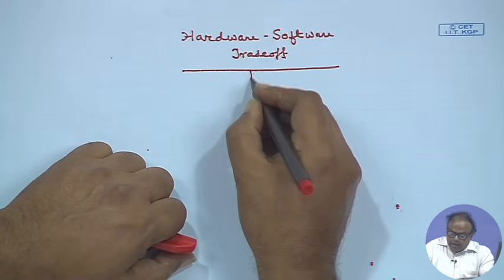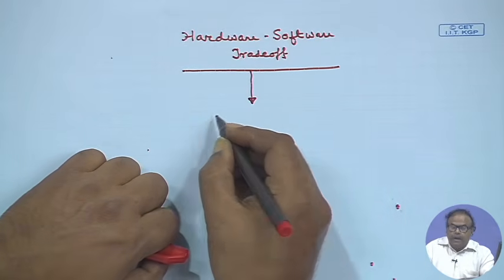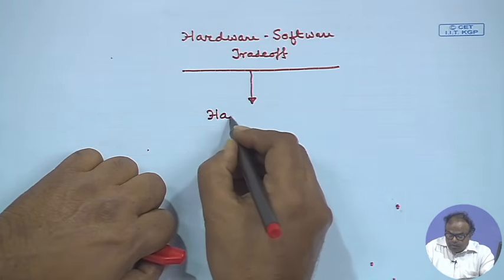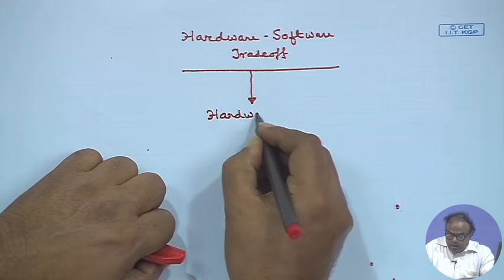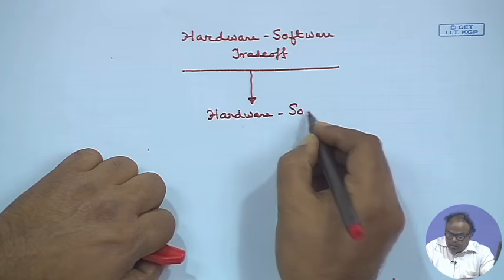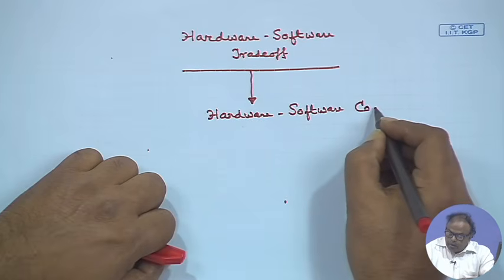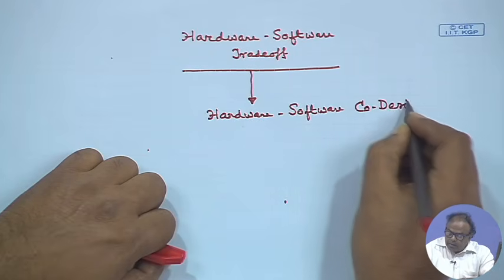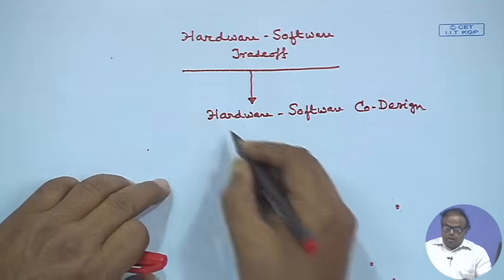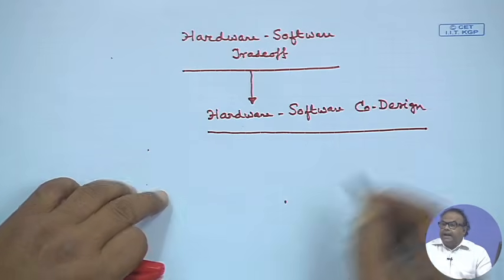And that is why embedded system design also goes by the name hardware, software co-design. Both of these things are designed hand in hand.